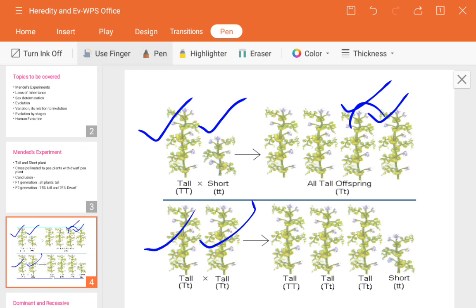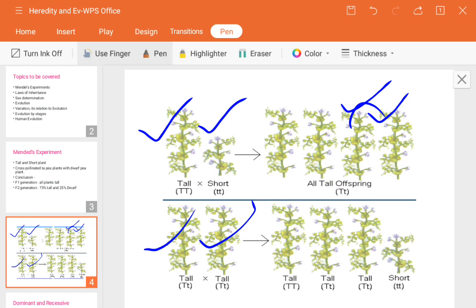Now see what happened after self pollination. He saw that of the plants in the second filial generation, three plants were tall and one plant was a short one. Again he thought, why has such a thing happened? Only a single plant was short and the remaining ones were tall. Why did it happen?